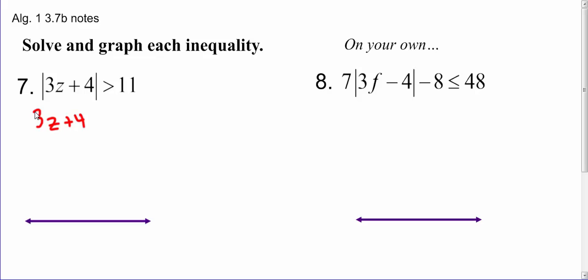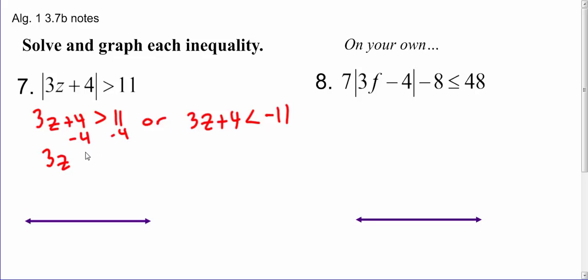3z plus 4 greater than 11, or 3z plus 4, switch the inequality and change the sign. So we're going to have to walk through and do a couple of steps of work to get this z isolated.